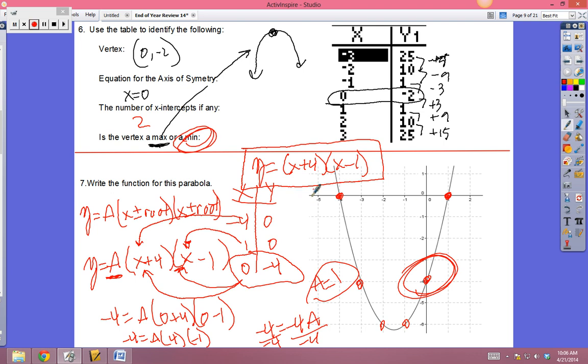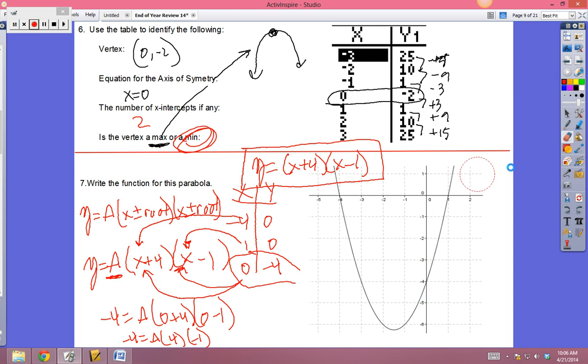Okay, but now if they give you multiple choice, and this is not one of your multiple choice options, this is a trick they might do. They probably simplified it. They probably distributed these through. So they probably did x times x is x squared.